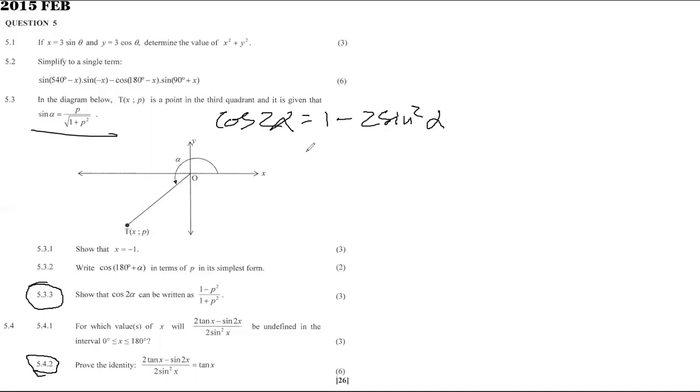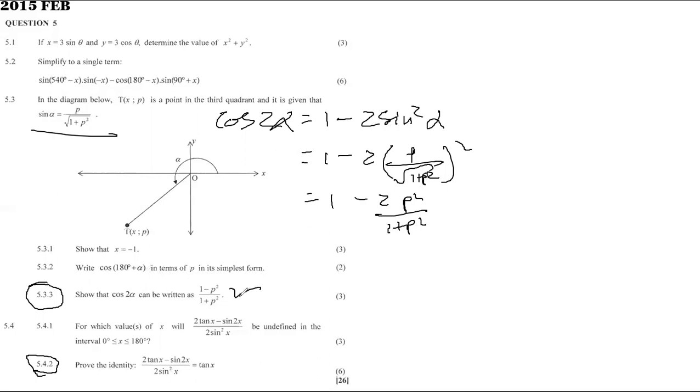And all you have to do is substitute. If you substitute this thing over this thing here and square that, this is just 1 minus 2 p squared over 1 plus p squared. Then you just take your LCD and combine these fractions, and you will get this answer.